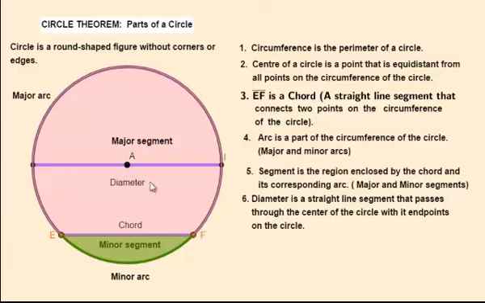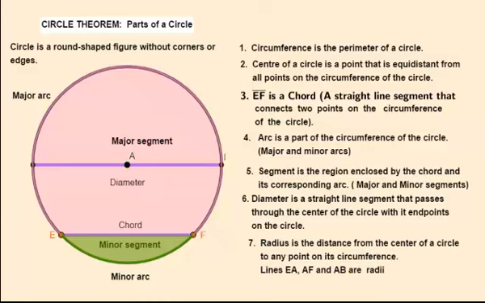But let me draw another one so as not to confuse you. What is the radius? Radius is the distance from the center of a circle to any point on its circumference.